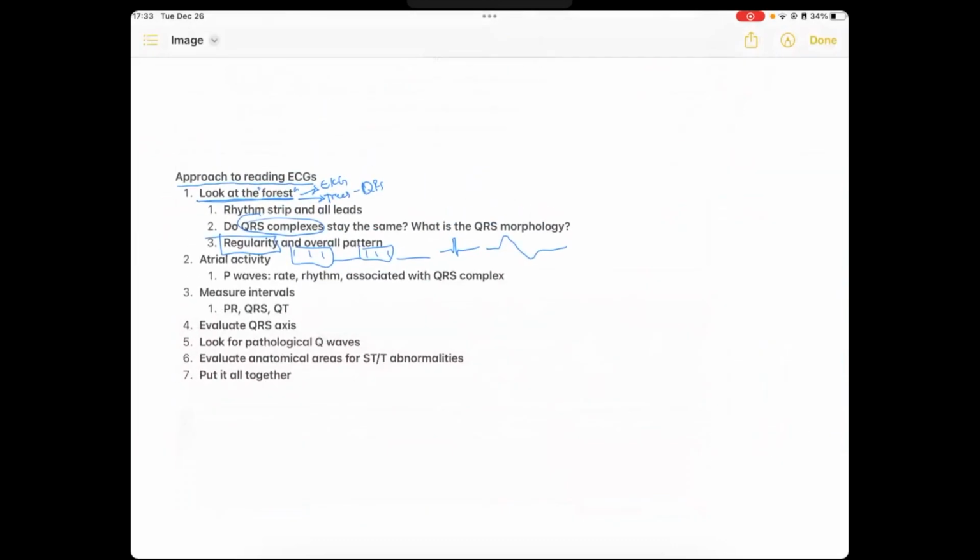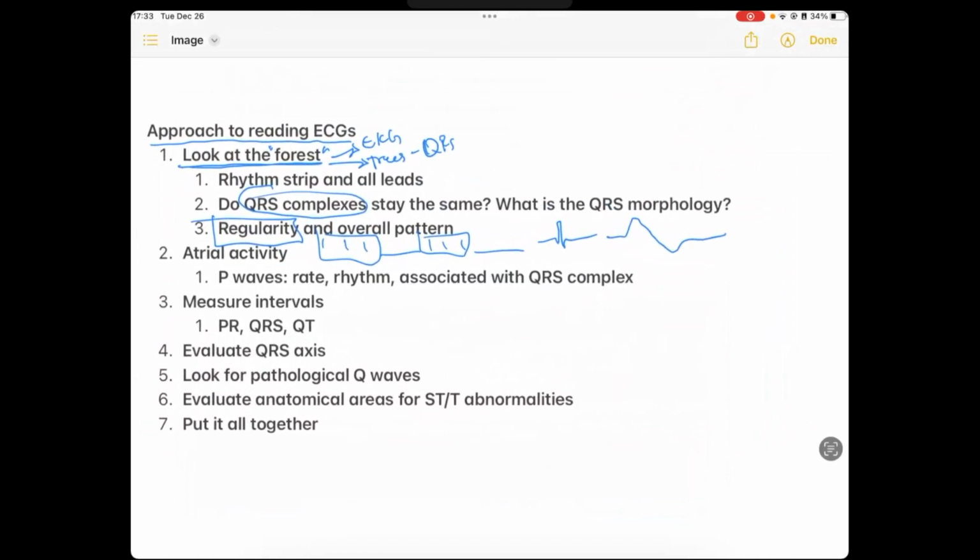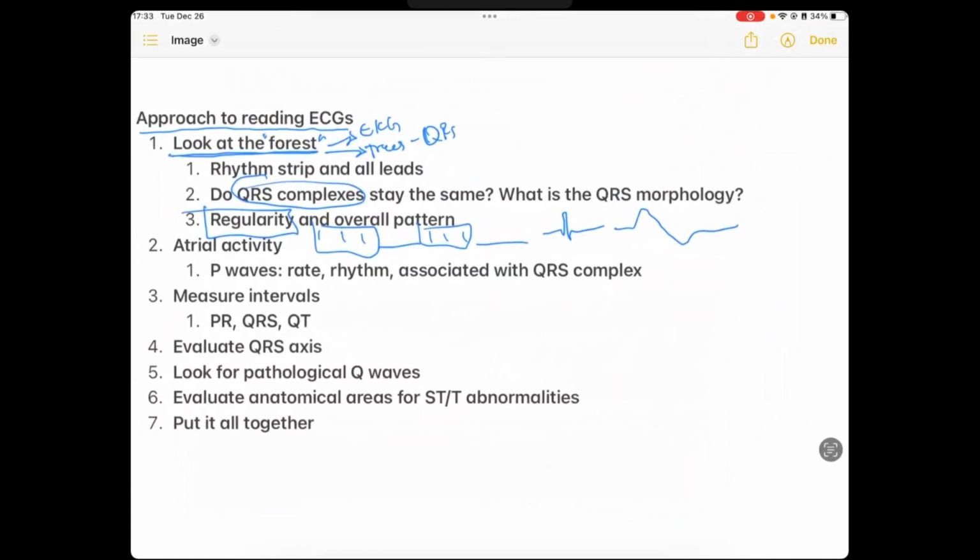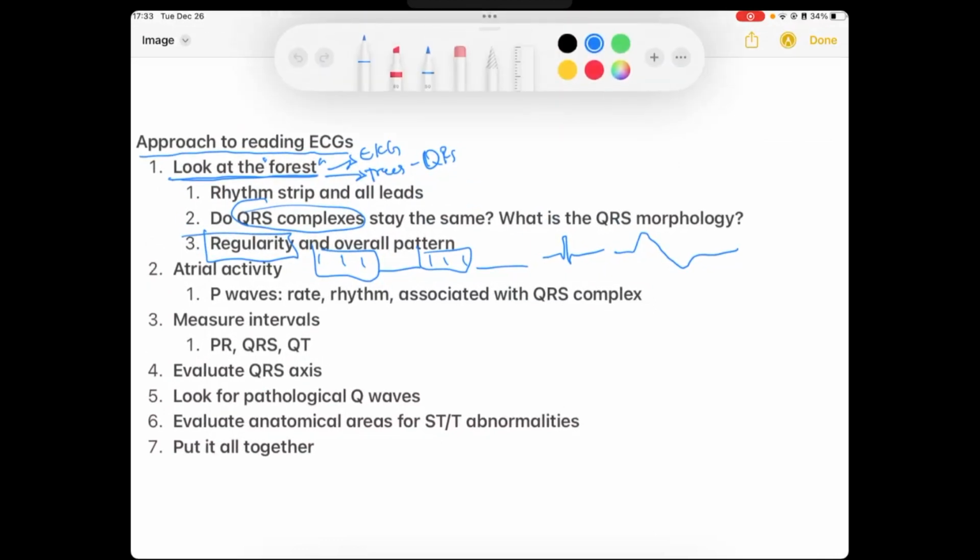Next thing I do is I say, okay, what are the atria doing? That's important. What I mean by that is I'm looking at my P waves, and how fast the P waves are going. Is the P wave rhythm the same every time, or are they changing?